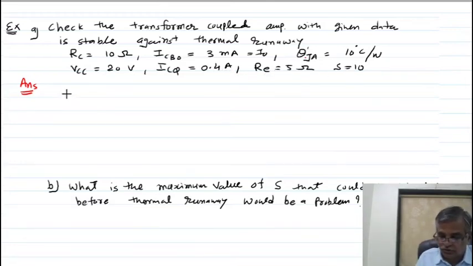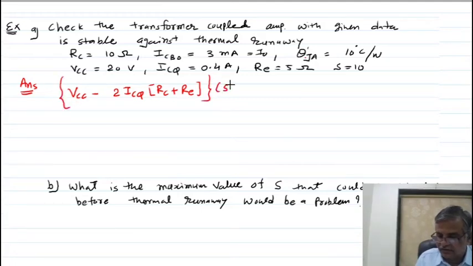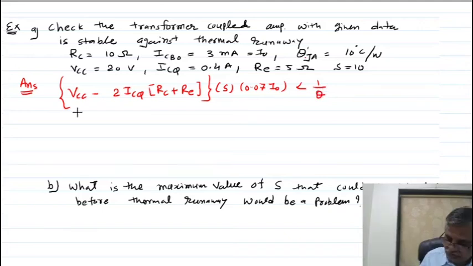Let us check this. To check, this condition should be satisfied. You know the circuit is stable only when this condition is satisfied. This is 20 minus 2 into 0.4, this is 10 plus 5. S is 10.07.